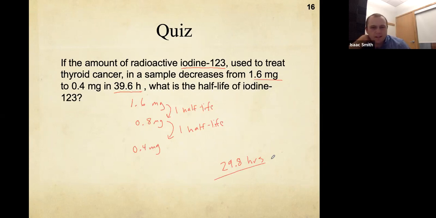Okay. There are some equations you might be able to look up. Those are generally more useful when the question asks for something like if this question said it decreased from 1.6 milligrams down to 0.3 milligrams.